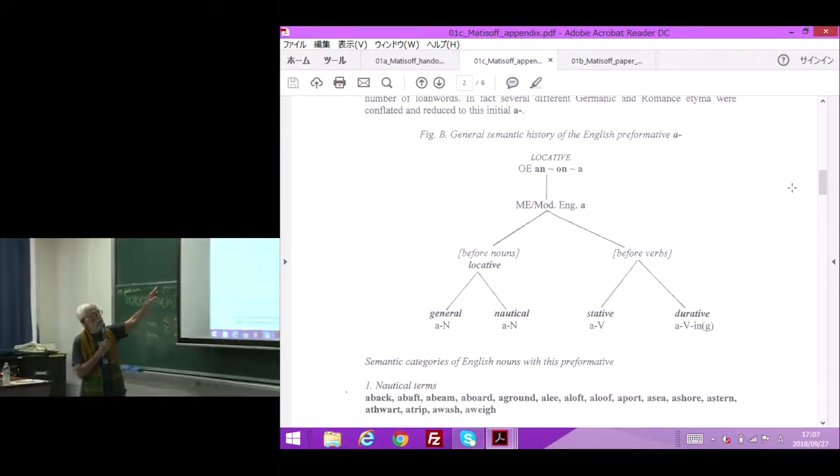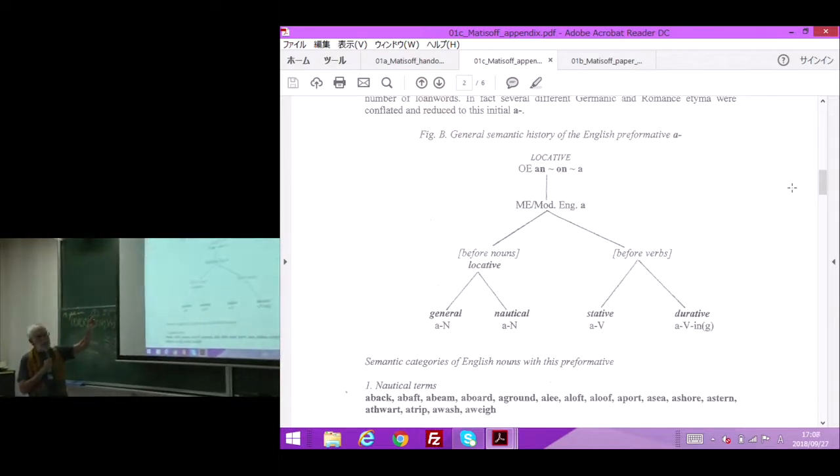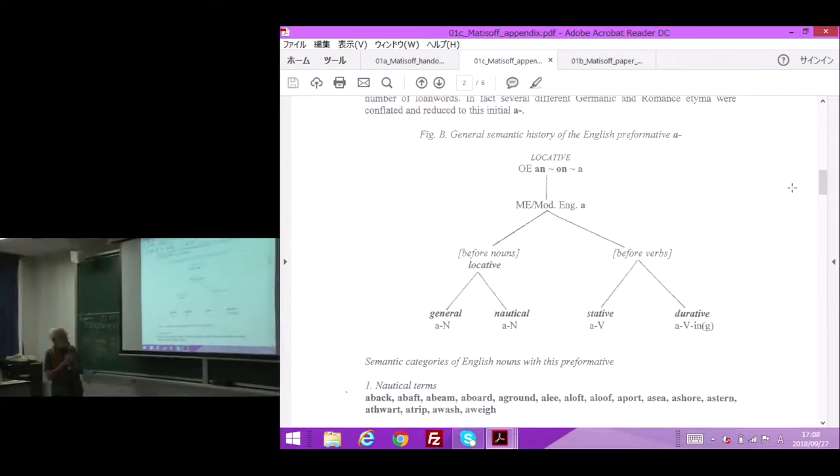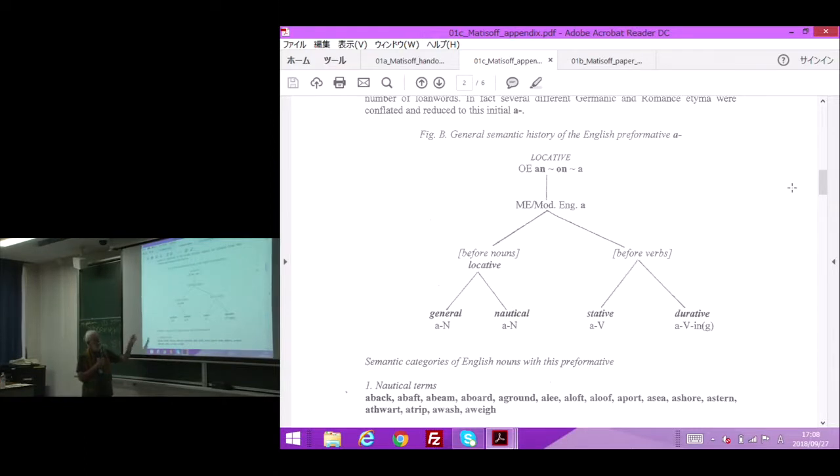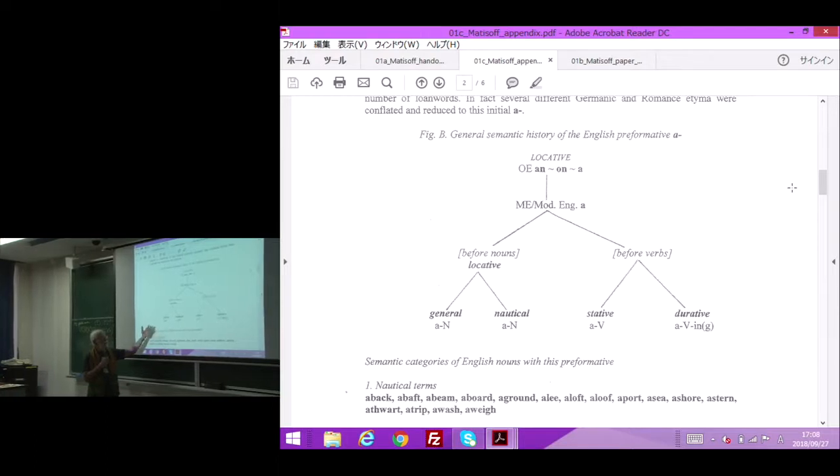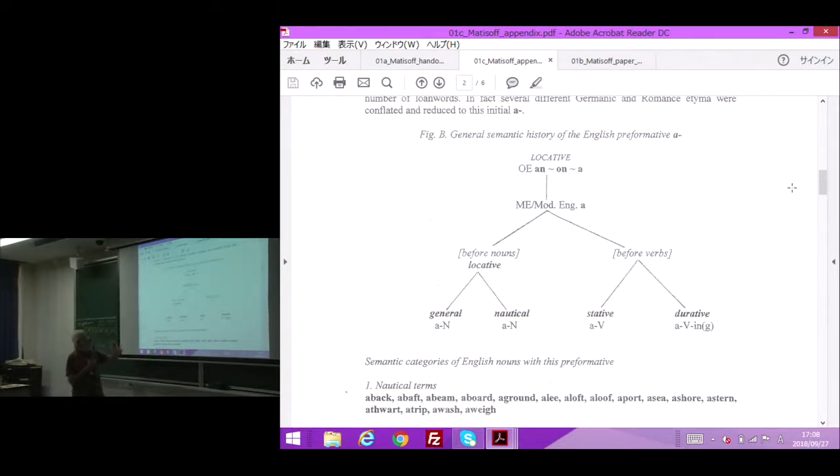This Old English form, an or on, was reduced in medieval and modern English to a. And it has slightly different functions before nouns, as opposed to before verbs. Before nouns, it occurs with a lot of general words, but also especially with nautical terms, that is, seafaring words. Before verbs, it has a stative meaning or a durative meaning.